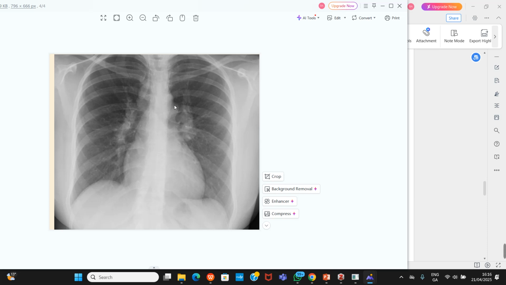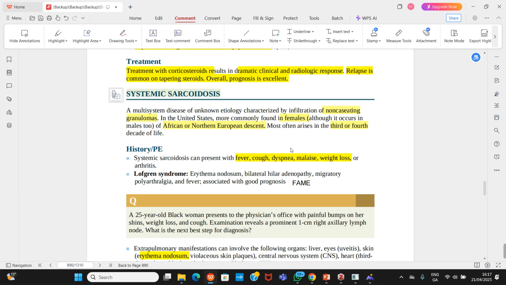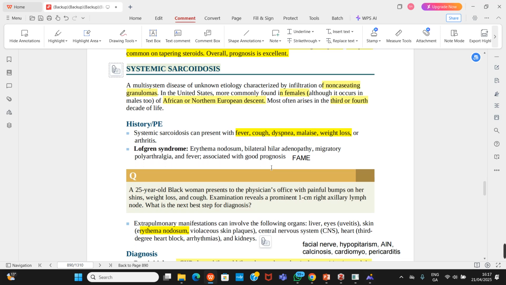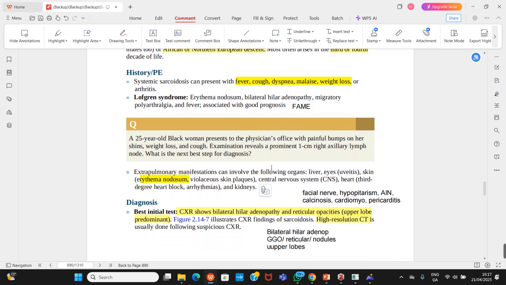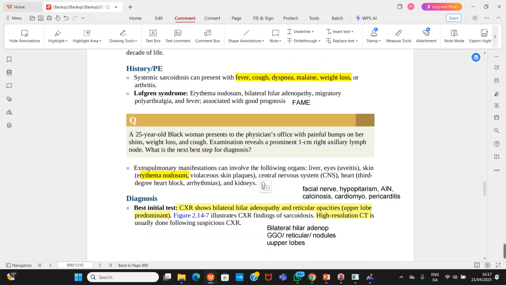So this is the adenopathy here. You can see this, bilateral hilar adenopathy is specific for sarcoidosis. And again, they are going to have reticular opacity in the upper lobe of the chest X-ray.